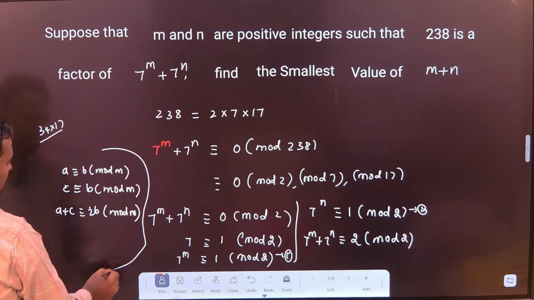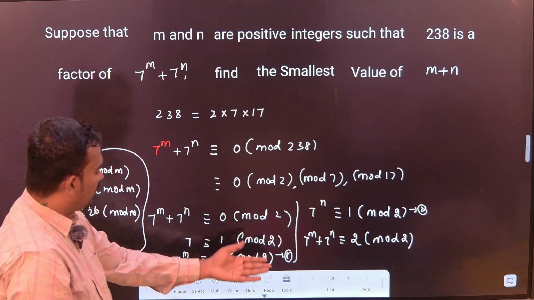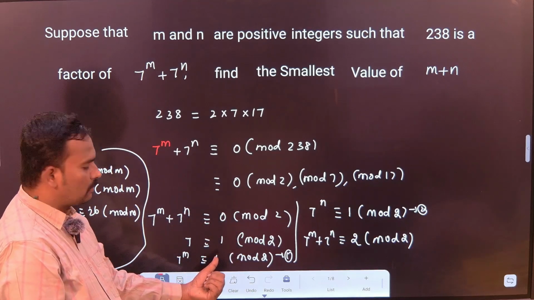Understand? The same idea here: 7 power m is congruent to 1 modulo 2.